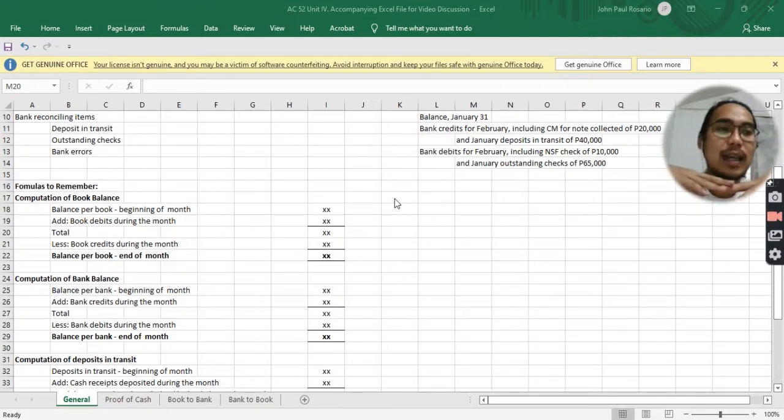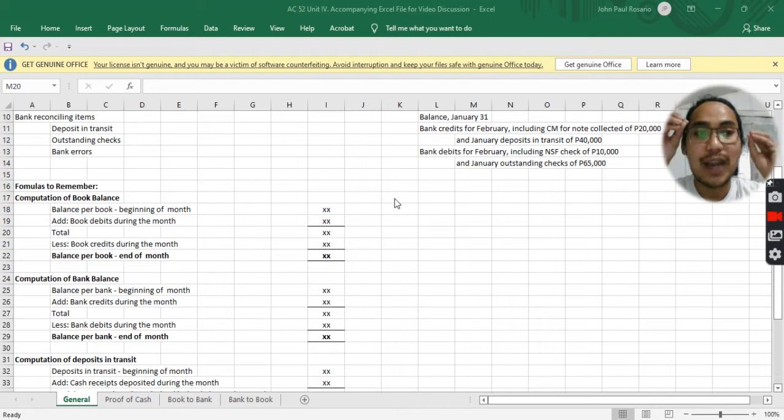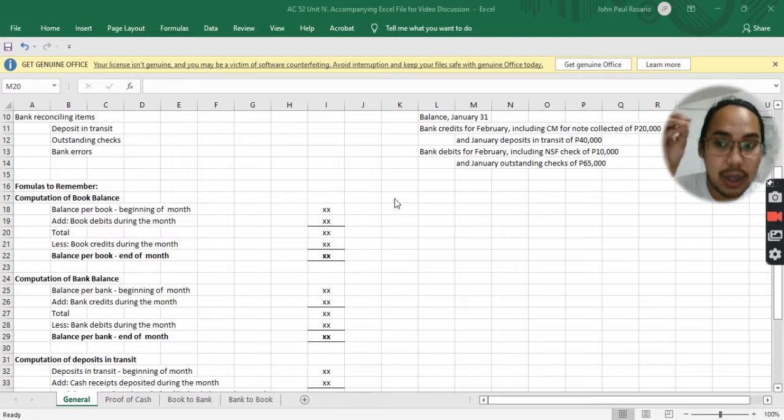Remember your normal balances of cash: beginning balance of cash, all the debits will increase cash and all the credits will decrease cash. So, book debits will increase cash, less the book credits, then you will end up with the balance per book at the end of the month.